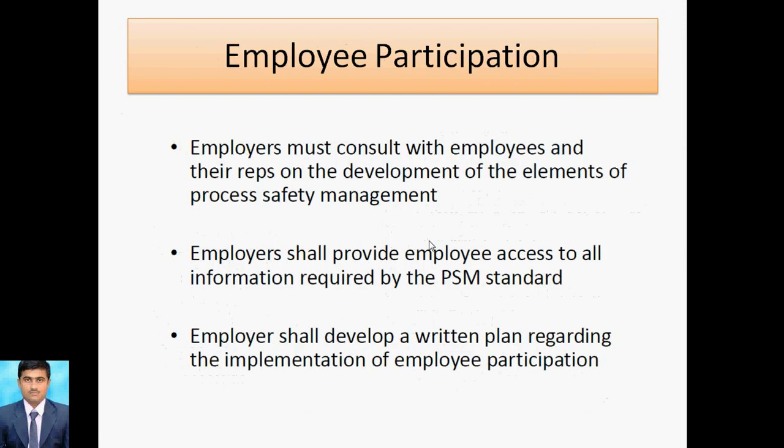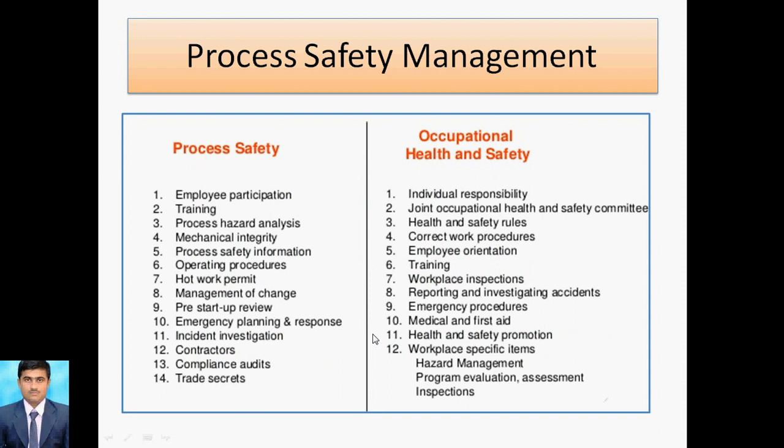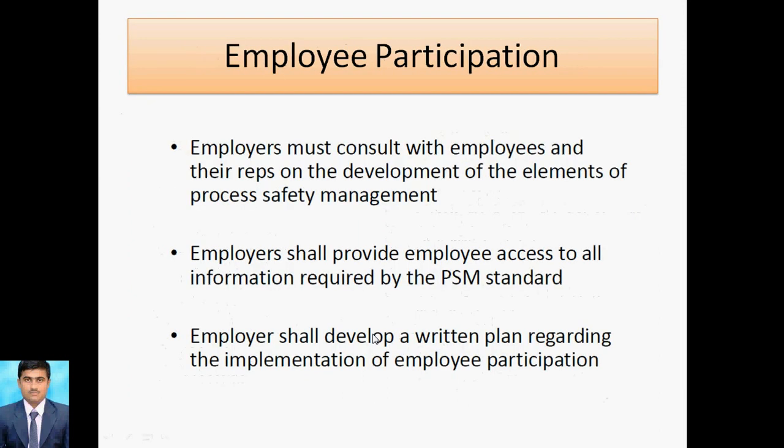Now we know that the first element for process safety management is employee participation. The employer may consult with employees in the development of elements. Employees should have access to all information required by PSM standards. Then the employer will develop a written plan regarding the implementation of employee participation. So this is an important factor for awareness of process safety management.